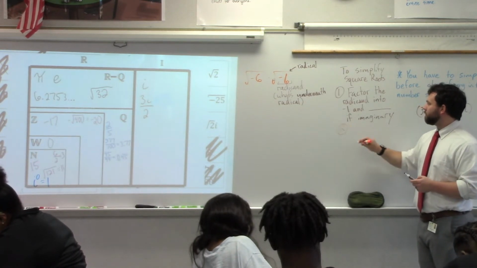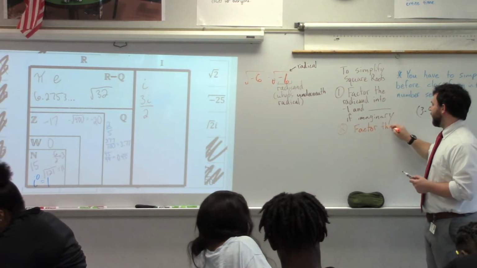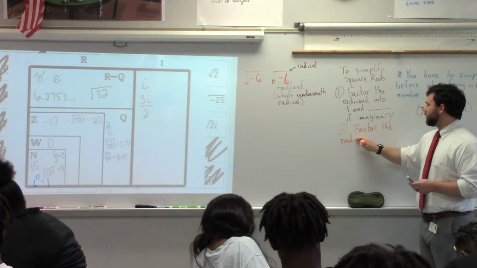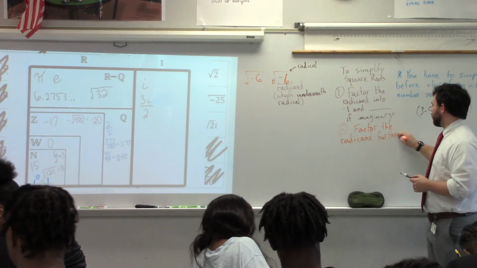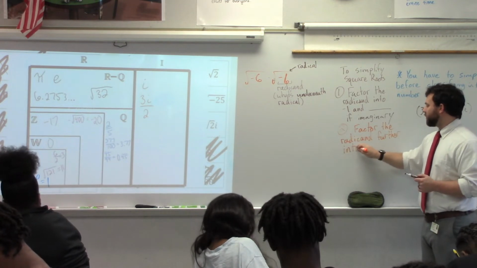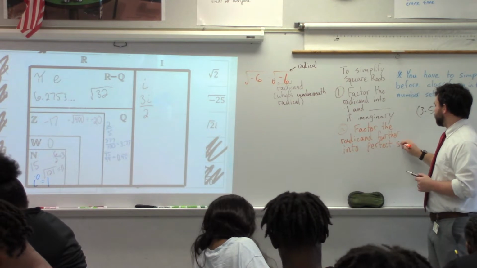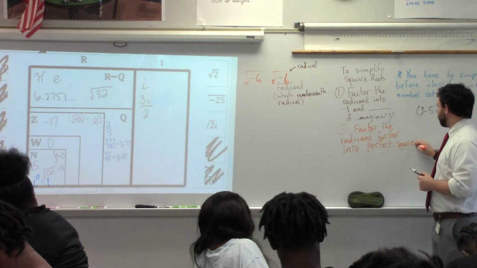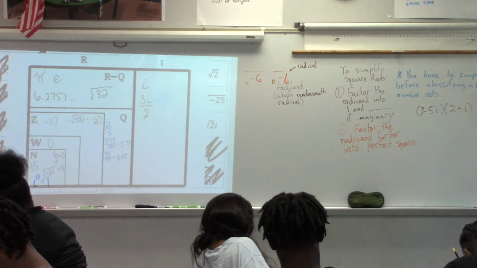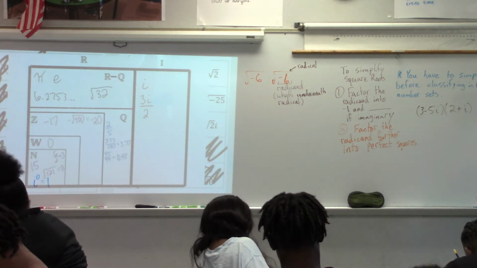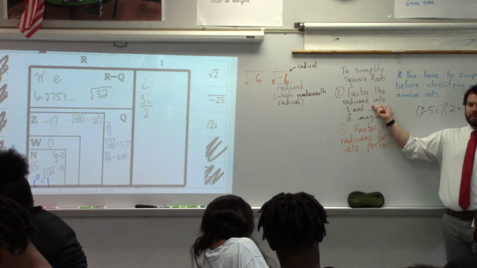2, factor the radicand further into perfect squares. So it just depends on what's underneath the radical.